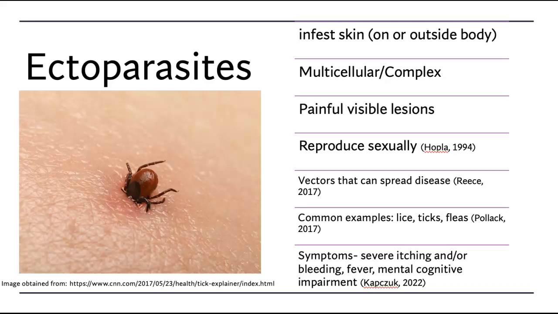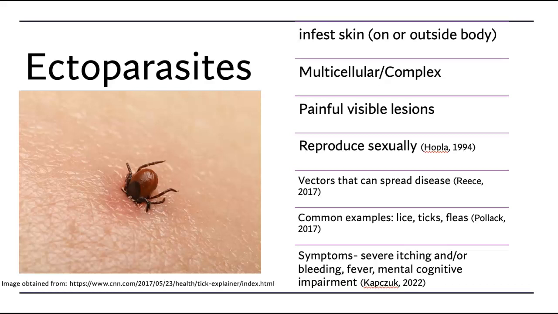They are multicellular and have very complex bodies. They can probably be confused for small bugs or insects due to their similar physical appearance. They are capable of making pretty painful lesions on the skin, which can be visible to the naked eye if large enough. They reproduce sexually, so they have an interesting way of reproducing.